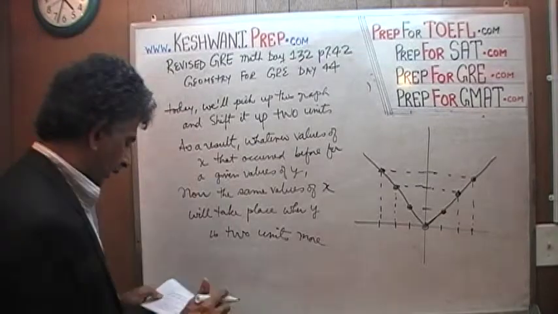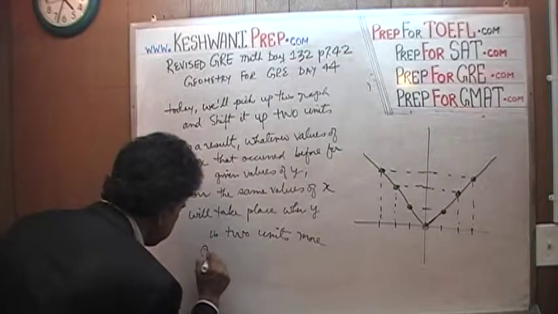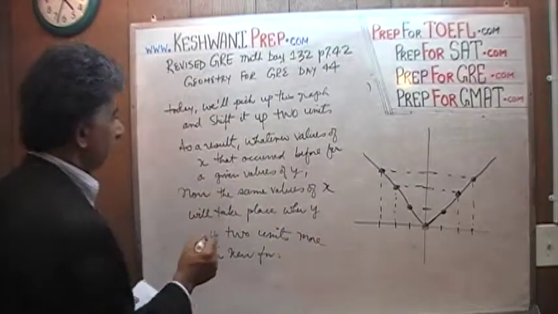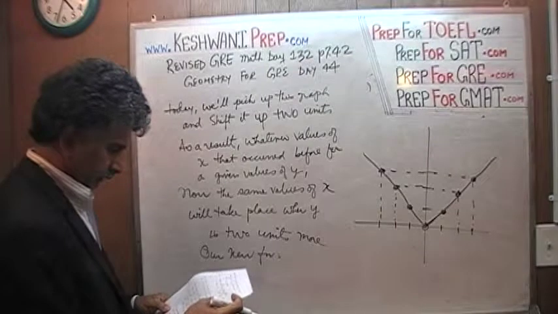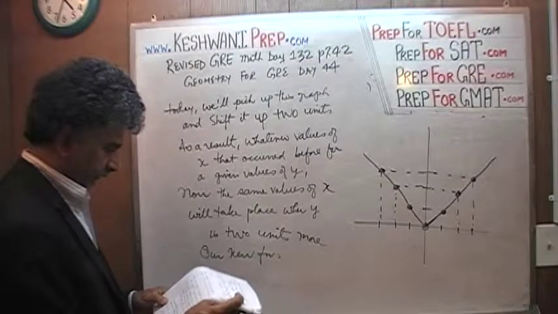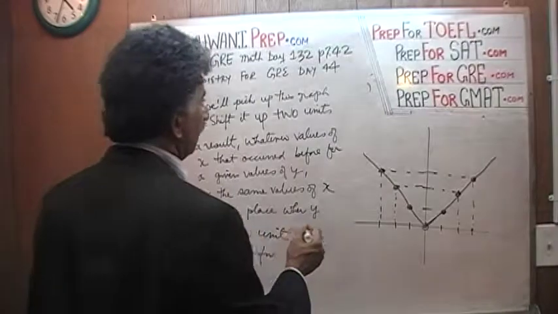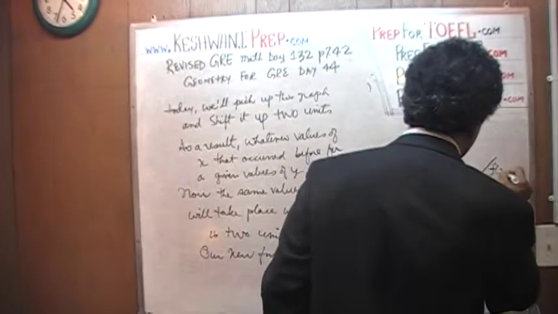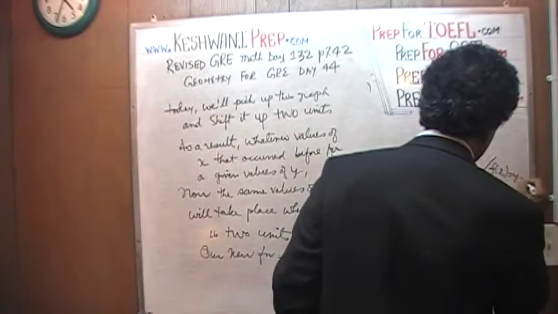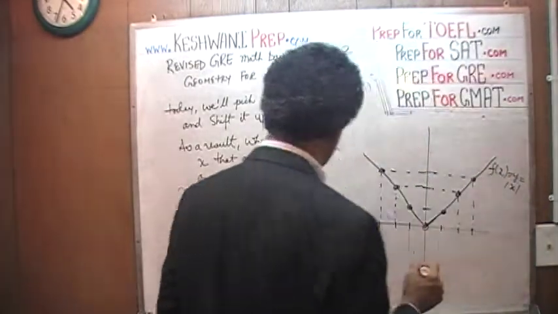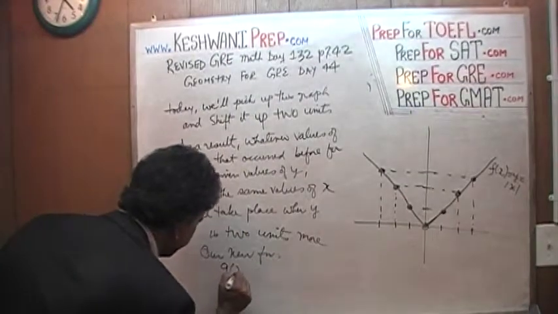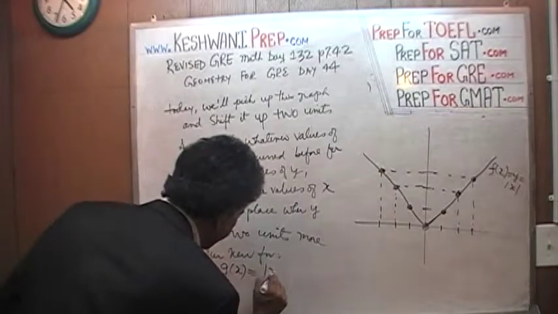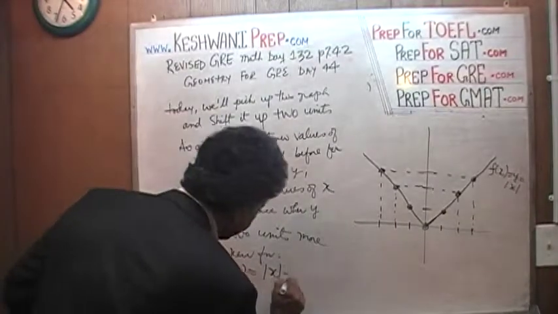In other words, our new function will be, well, the old one was, what do we call the old function? Oh, we didn't give it a name, we just said y equals the absolute value of x. Right here, let's call it f of x, which is y equals absolute value of x. So our new function, let's call it g of x, because we have f there, would simply be the absolute value of x that was there plus 2 more, that's it.